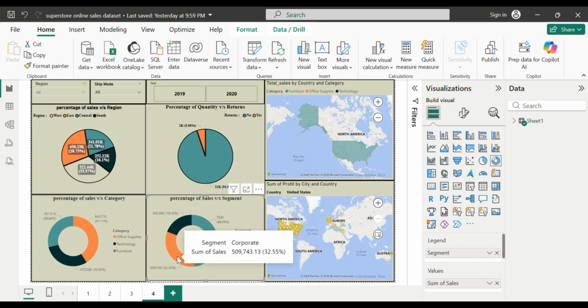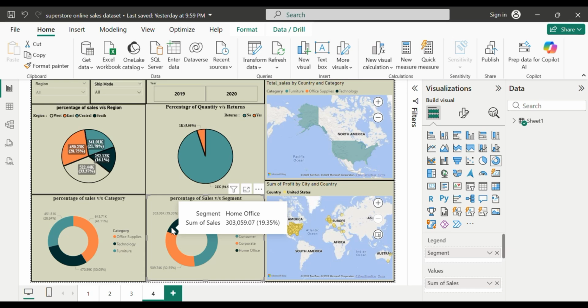Then the corporate segment is 32.55% of sales, and home office 19.35% of sales.